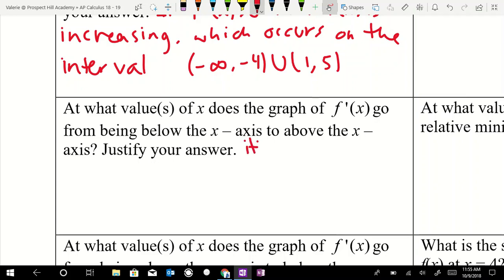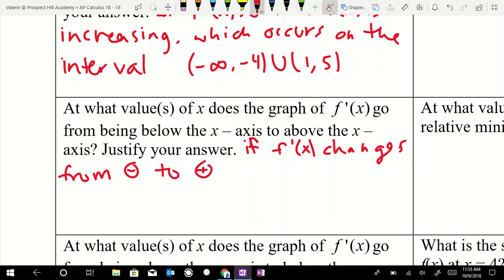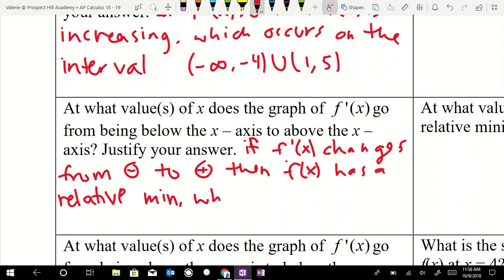So if f prime of x changes from negative to positive, then f of x has a relative min, which occurs at x equals 1. Okay.